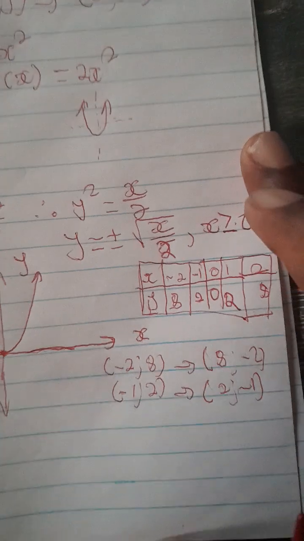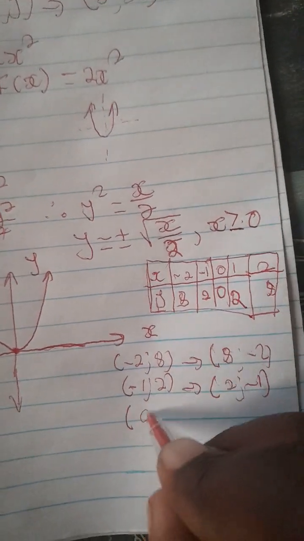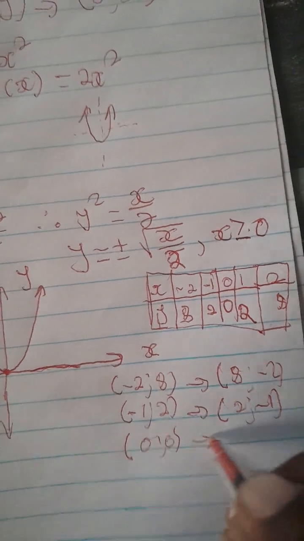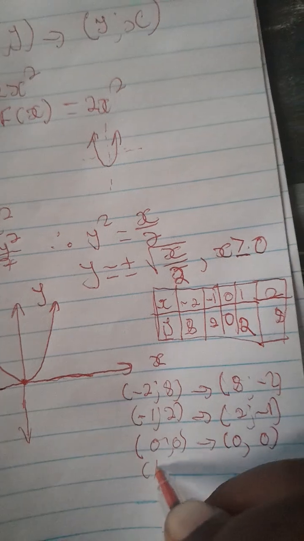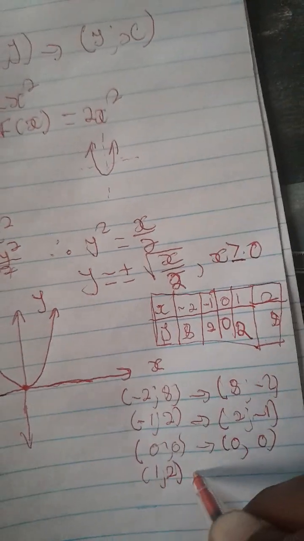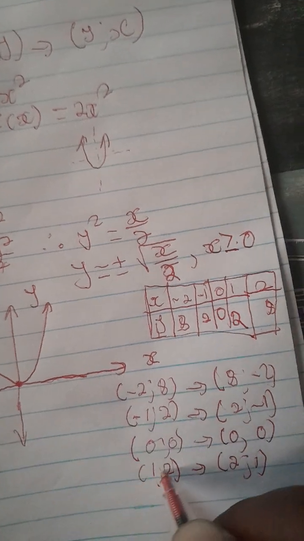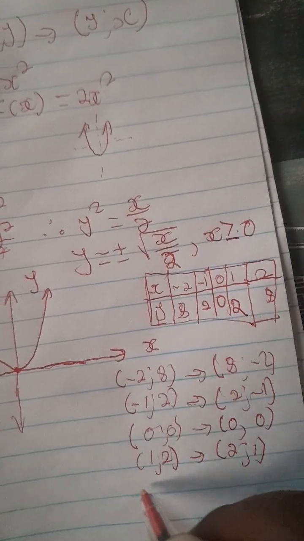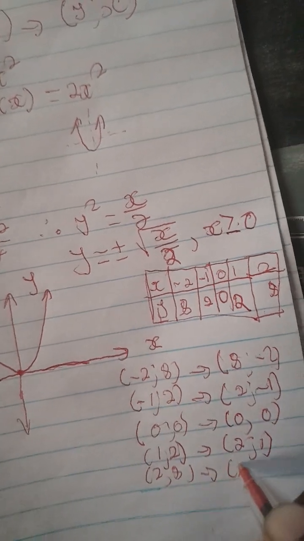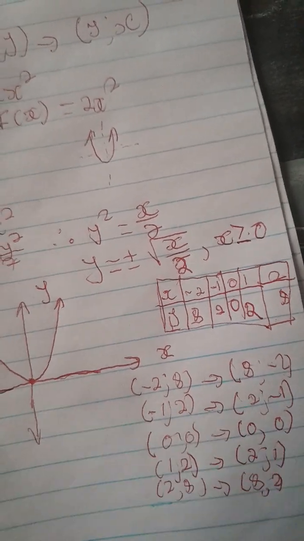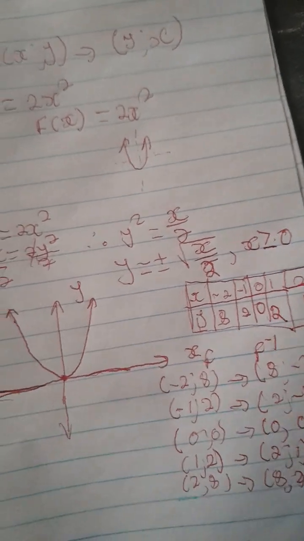You swap the coordinates to get the coordinates of an inverse. So 0 and 0 remains 0 and 0. Then we have 1 and 2, which will be 2 and 1. Then we have 2 and 8, so this will be 8 and 2. So this is the graph of f, and this is the graph of the inverse.